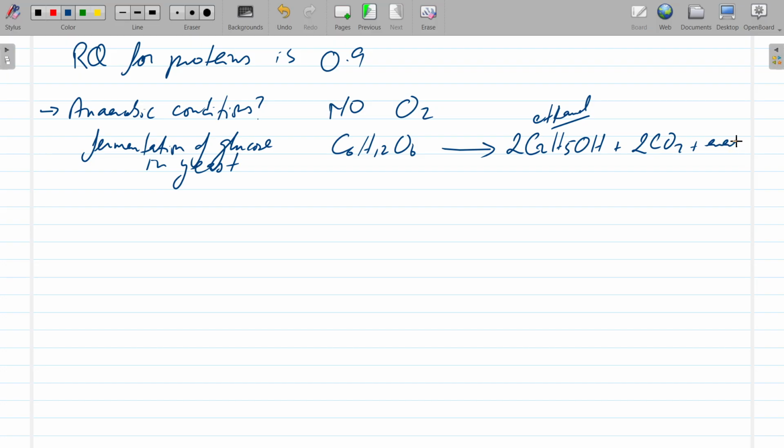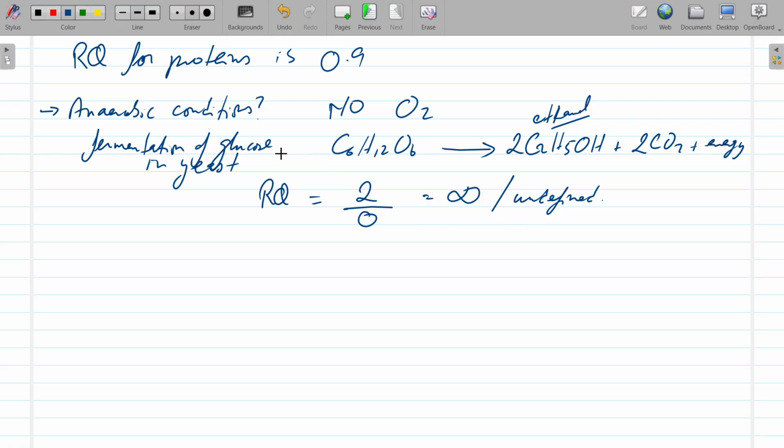and energy. And when you go on to take the RQ, you have carbon dioxide, which is 2, divided by 0, which is no O2, and you can either write it as infinity or as, we were taught, undefined.